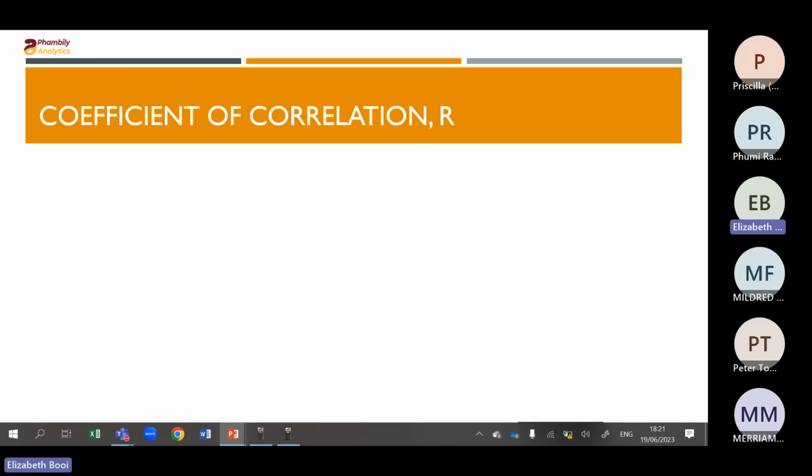So when calculating the coefficient of correlation, we know that the relationship is negative because it's going down, or positive because it's going up.